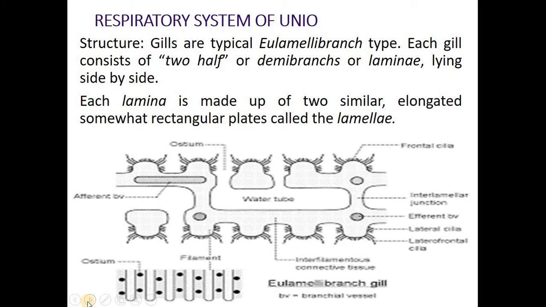Now, structure of the gills. So, gills are typical eulamellar type. That is, the gill consists of two halves or demibranchs or laminae lying side by side. Each lamina is made up of two similar elongated, somewhat rectangular plates called lamellae. Now, this is the interlamellar junction, and this is one structure called lamella.